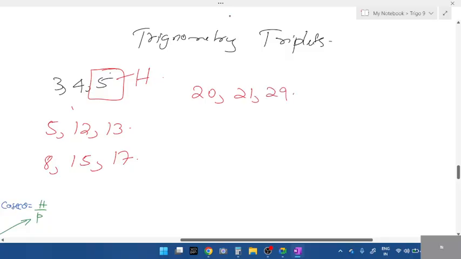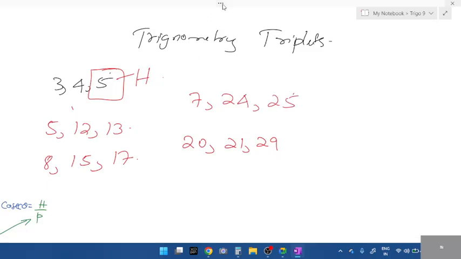Take down these four. 3, 4, 5, 5, 12, 13, 8, 15, 17, 20, 21, 29, and whenever we have 7, 24, it is definitely 25, students. 7, 24, 25 is one more triplet. Make a note of these 5.